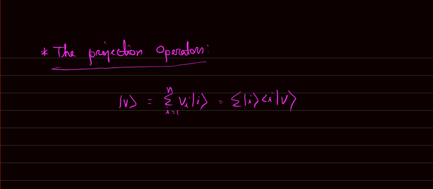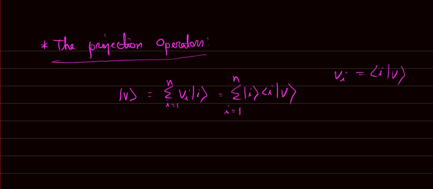Obviously we can write our v_i like this. So this can be represented like this, sum from 1 to n.